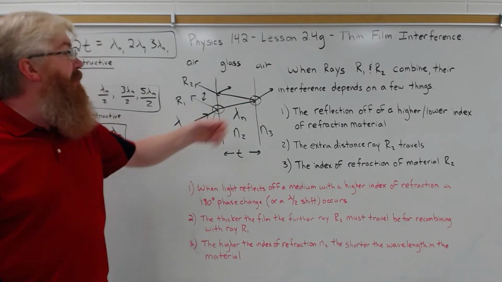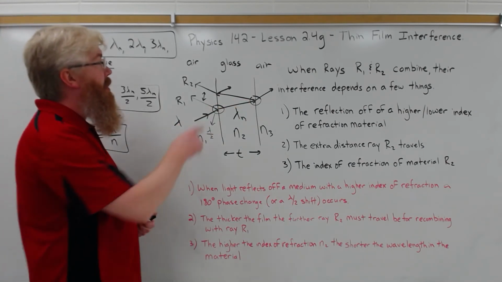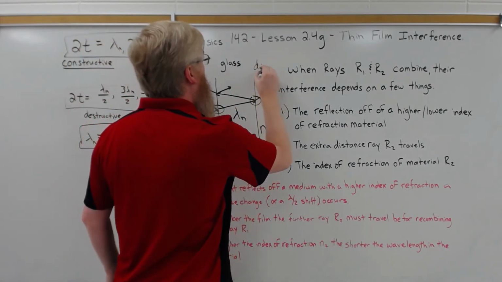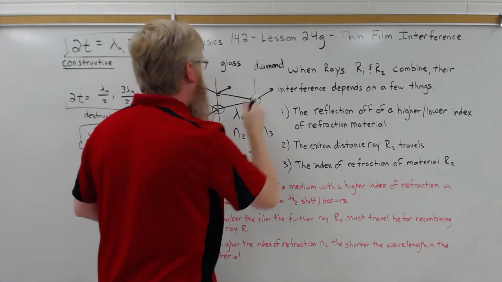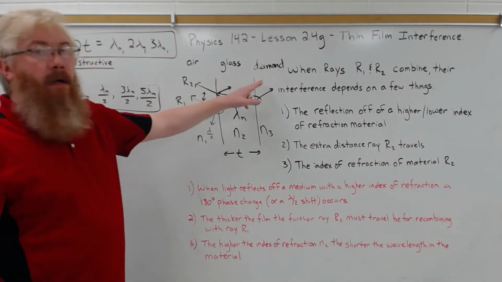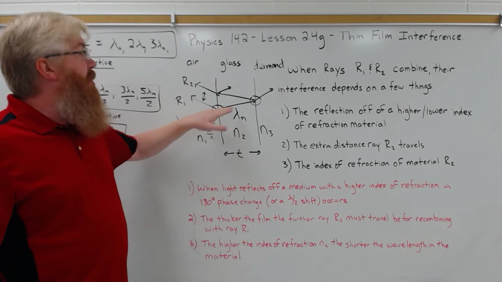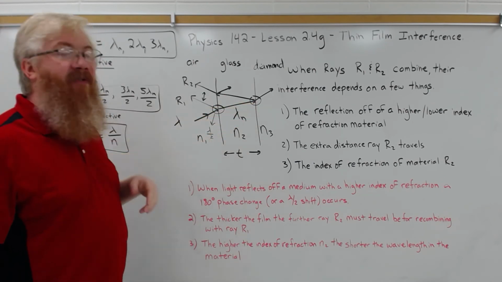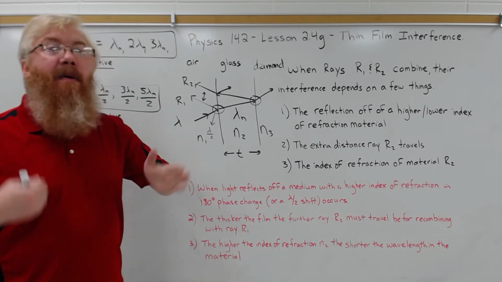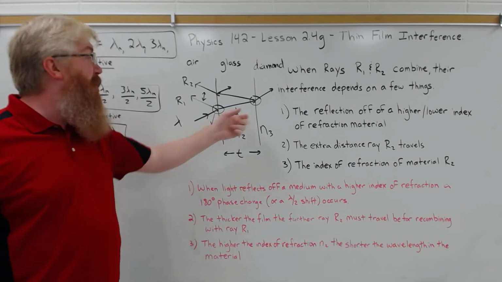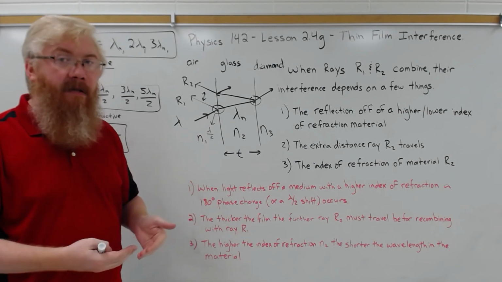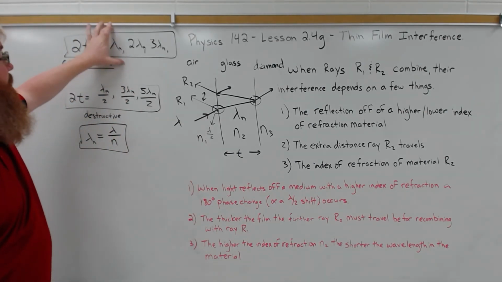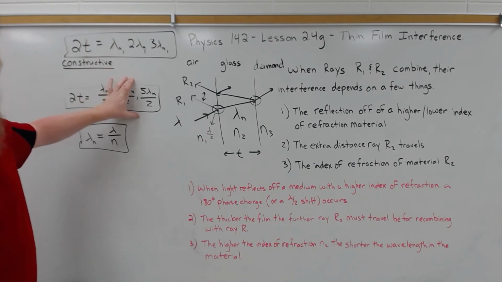So if they're both reflected off higher index of refraction material, let's say it's air to glass to diamond, well then each of these reflections is off a higher index of refraction material. Each of these reflections will go through a phase shift of λ/2, so they'll be back in phase. Right? If you shift both of them by the same amount, they're still in phase. So these 2 equations are accurate. This will give you the constructive interference. This will give you the destructive interference.